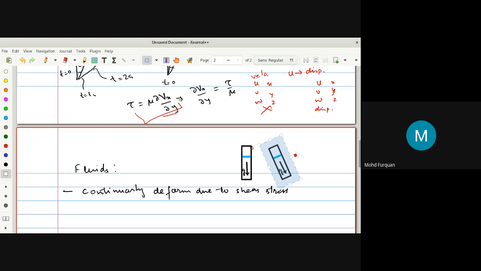The direction of gravity will remain the same, of course. Gravity won't be in this direction. Gravity will again be in the vertical direction.